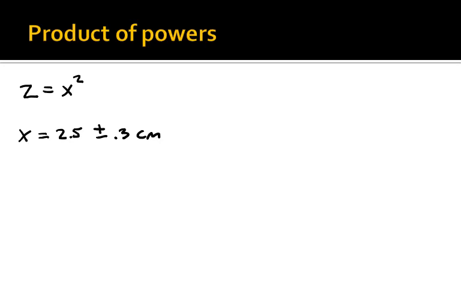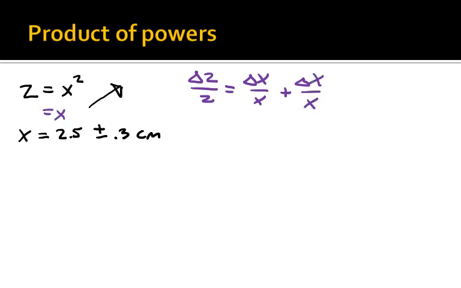What we do with that is, it's really just x times x, right? So we looked at this before, where the uncertainty in z over z would be the uncertainty of x over x plus the uncertainty of x over x again, right? Because this really is x times x, and we're using the multiplication rule here.